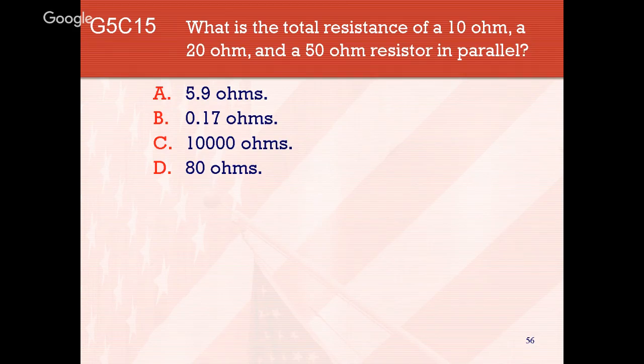So looking at this, you don't want 0.17 ohms, but it's going to be closer to 5.9 ohms. This is a rather easy one just to look at and automatically know that there's going to be some value, and with common sense it's going to be greater than 0.17 ohms, so 5.9 is really the logical answer on this question.